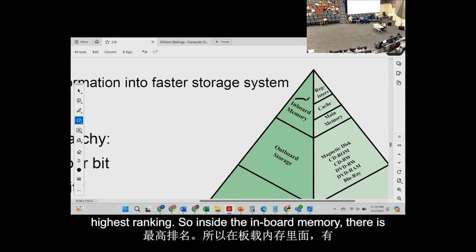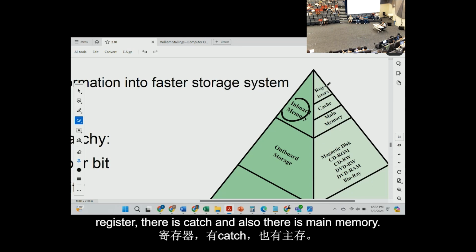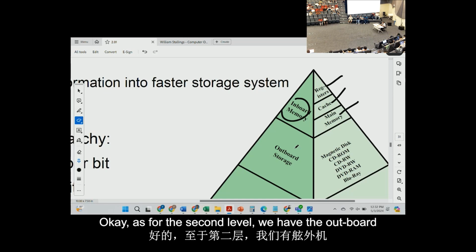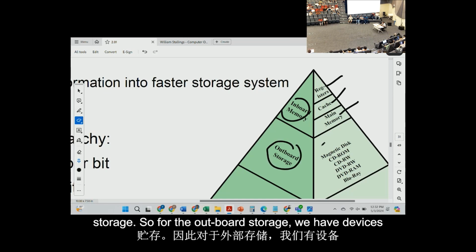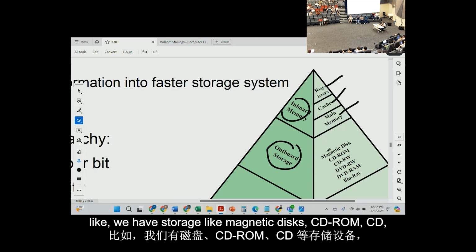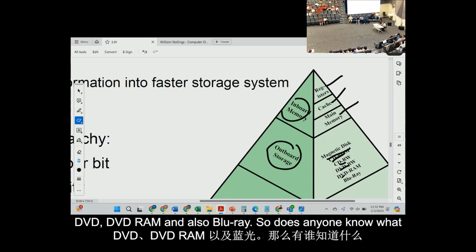Inside the in-board memory, there is register, there is cache, and also there is main memory. As for the second level, we have the outboard storage. For the outboard storage, we have storage like magnetic disk, CD-ROM, CD, DVD, DVD RAM, and also Blu-ray.